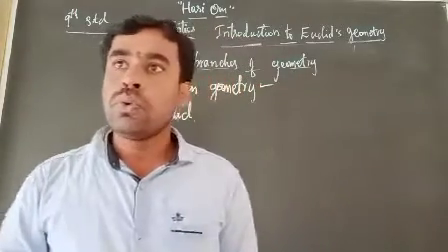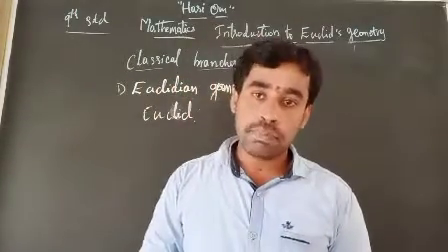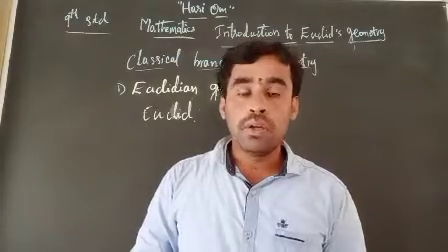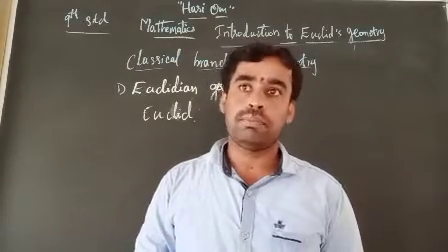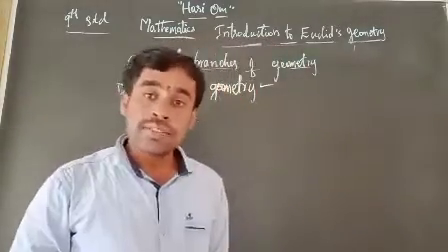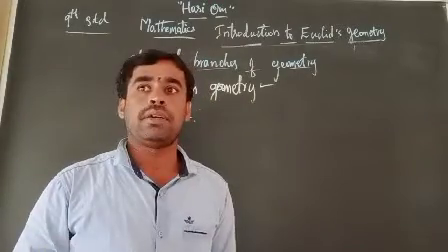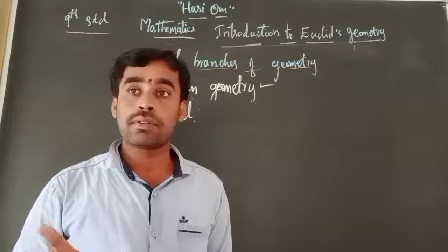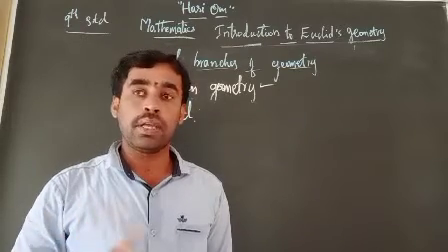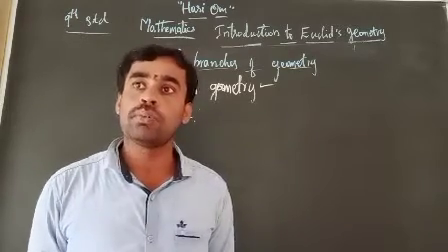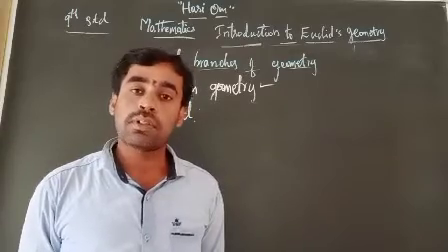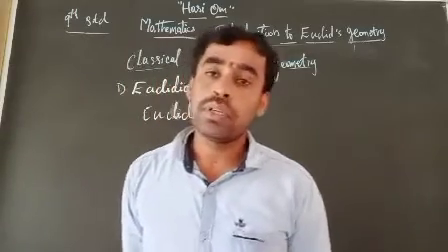Euclid is the first person to write a book. It consists of 13 volumes and is called the Elements. The Elements is the name of the book.